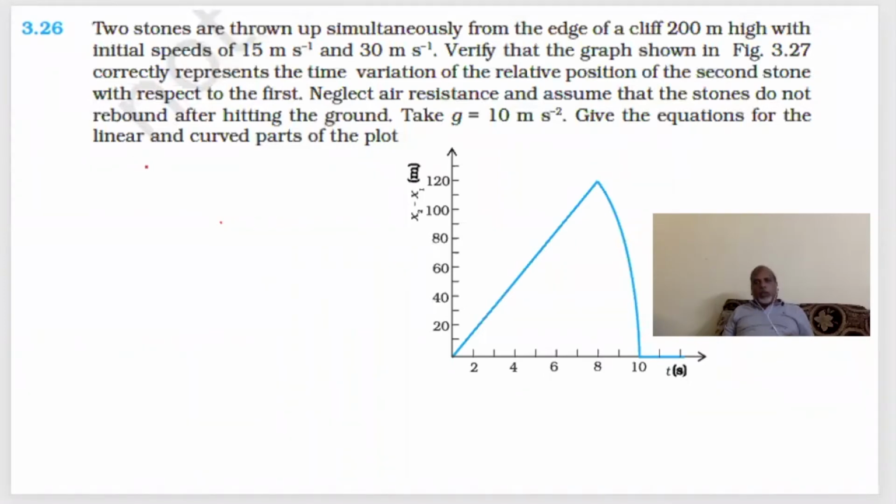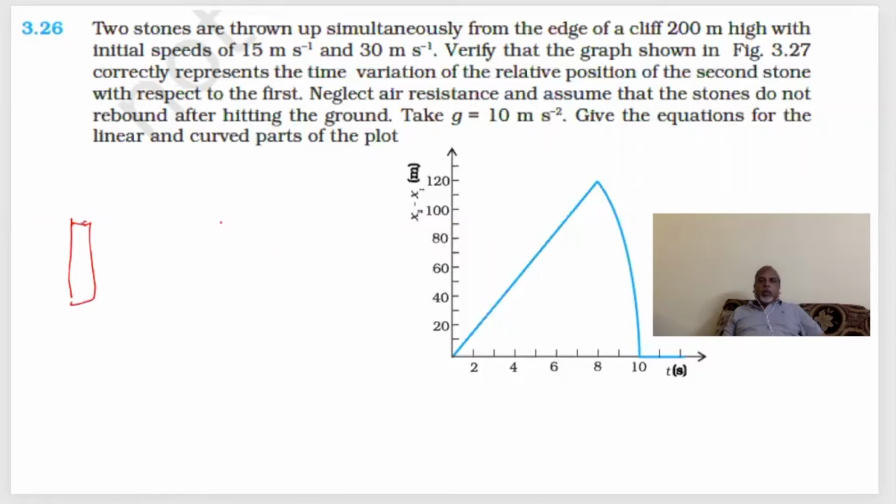Now, question number 26 says two stones are thrown up simultaneously from the edge of a cliff 200 meter high with initial speeds of 15 meter per second and 30 meter per second. So, suppose this is the cliff.